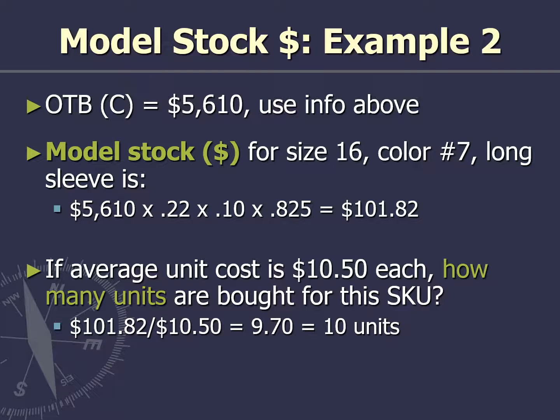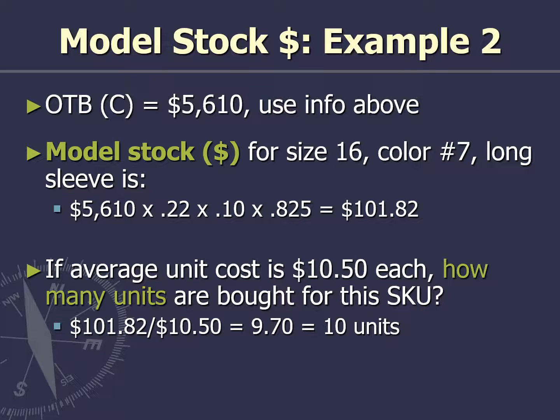Size 16 is 22% of the total assortment, color 7 is 10%, and long sleeve is 82.5%. So you multiply the open to buy at cost for the entire assortment by this string of percentages, and that gives us $101.82 as the budget we can spend for buying the merchandise for this SKU.